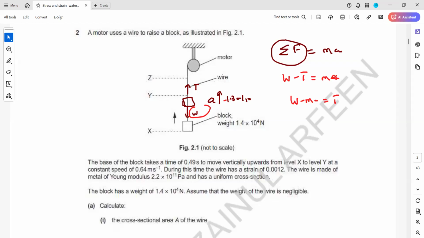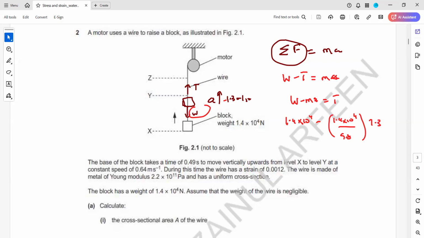So W is the weight, which we have already, 1.4 times 10 to the power 4. Minus the mass. What will the mass be? It will be weight divided by gravity. So 1.4 times 10 to the power 4 divided by 9.8. This will be the mass. And what about the acceleration?